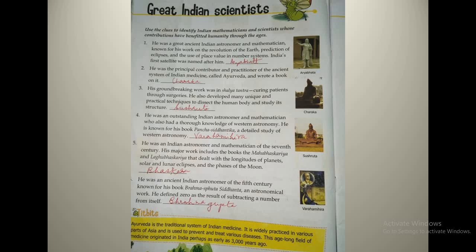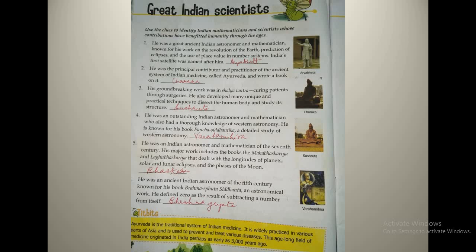Now phases of moon, you know the crescent of moon, sometimes it is very thin, then slowly it becomes wider, and then it turns into full moon, then no moon, and then again the cycle continues, right. So he dealt with these things and his name is Bhaskara, right, Bhaskara.